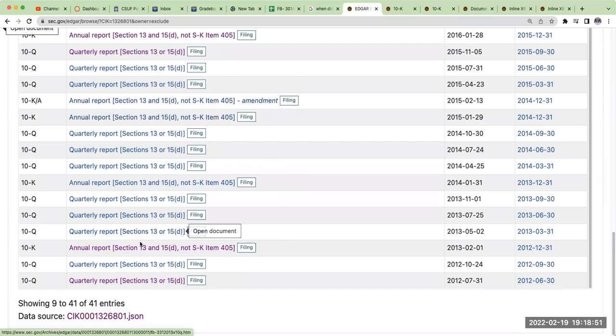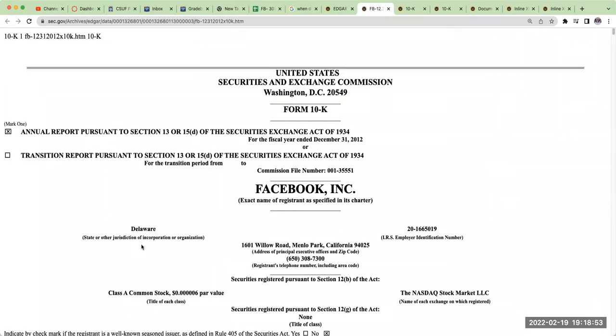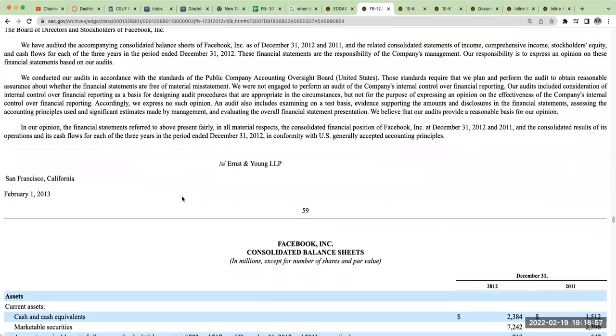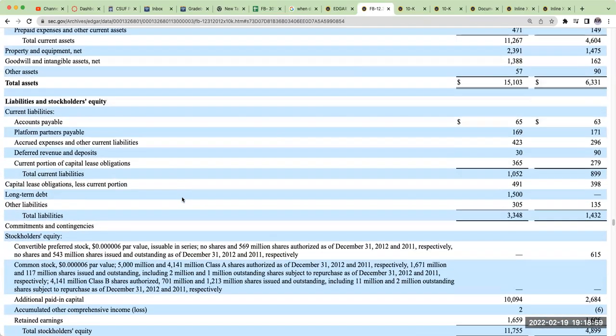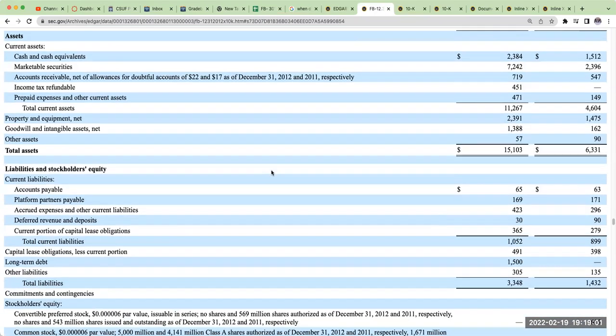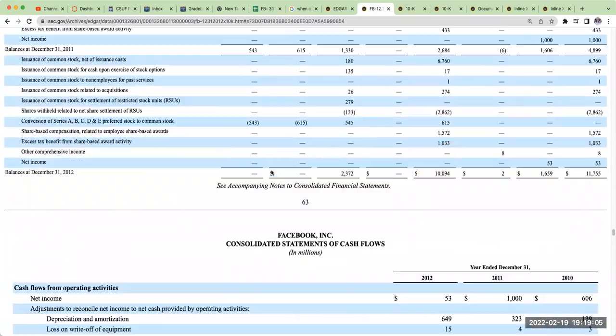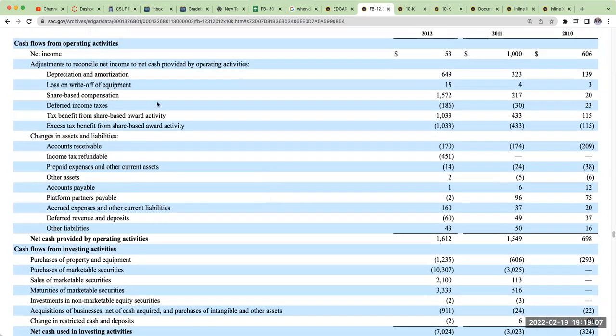Let's go to 2013 and see what information we can find. We're still in millions, which is great. Now we come to our share-based compensation. For 2012, this is going to be 1.5 billion.